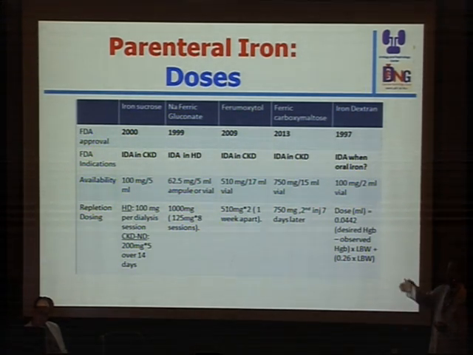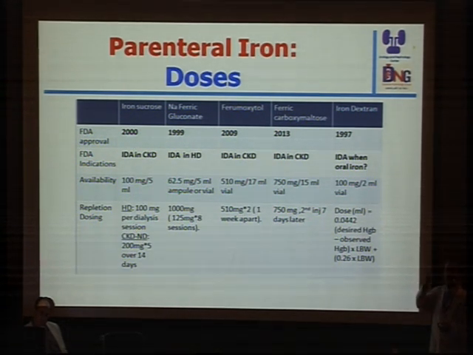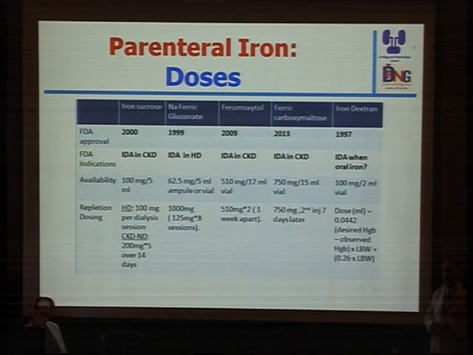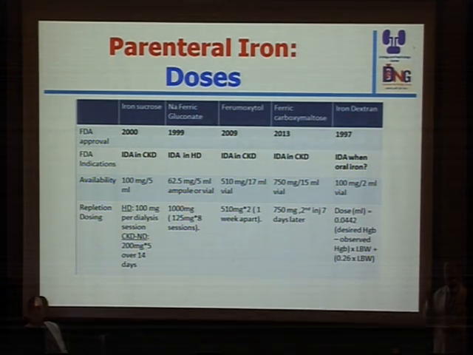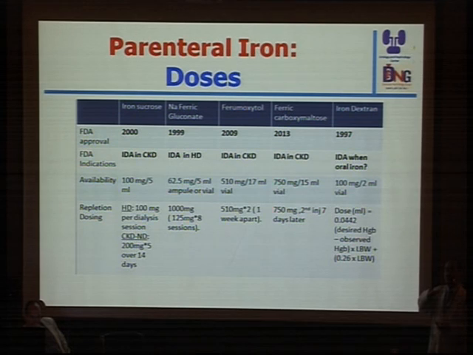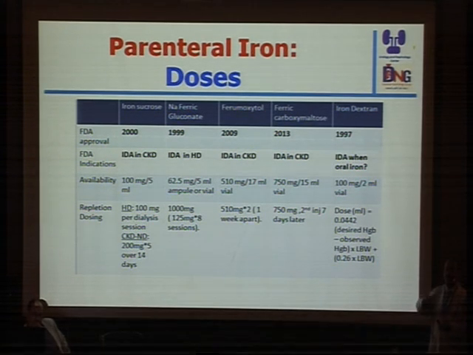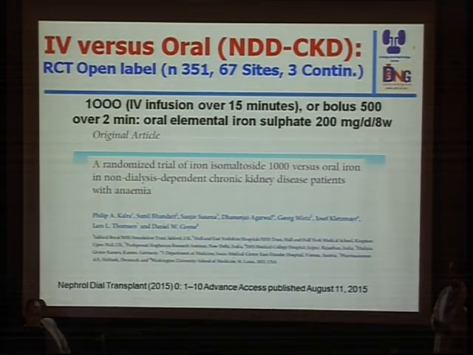And then if I use parenteral, I use parenteral by each form's strategy. And then I follow serum ferritin and transferrin saturation to check the adequacy of iron stores. And when I replete the stores, I give the patient a maintenance dose to keep the iron repleted.